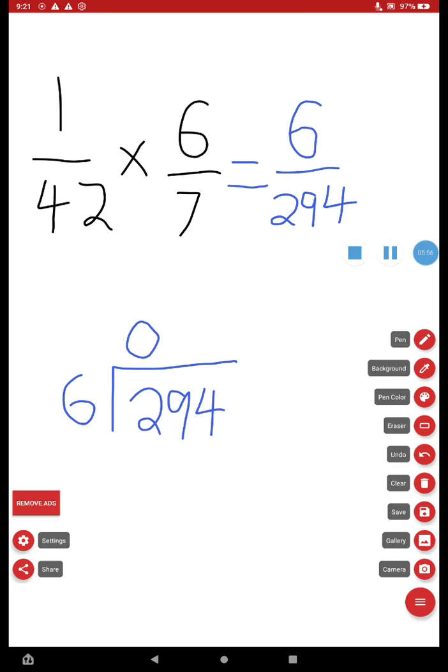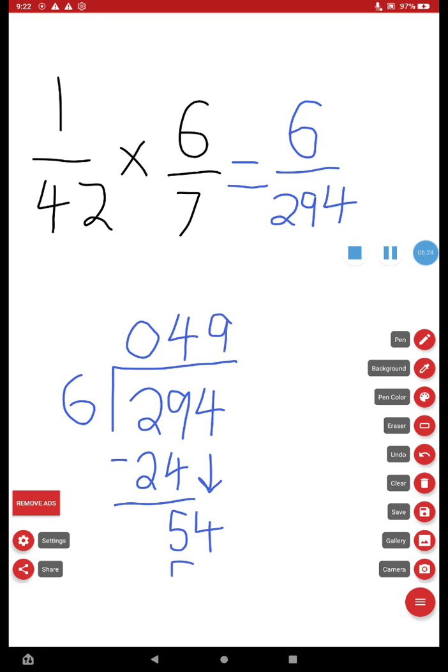How many times? 4 times. 4 times 6 is 24. Divide, multiply, subtract. You see, this is why we did the division unit before doing this. 5, bring down the 4. 54 divided by 6 is 9. 9 times 6 is 54. 0.